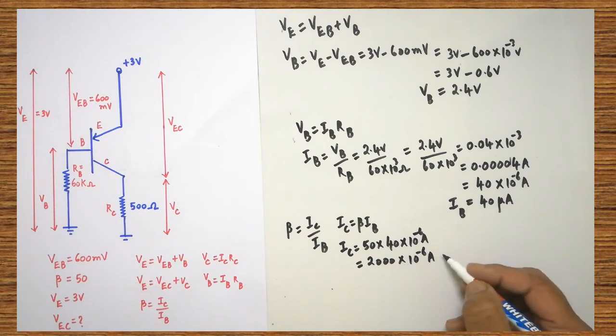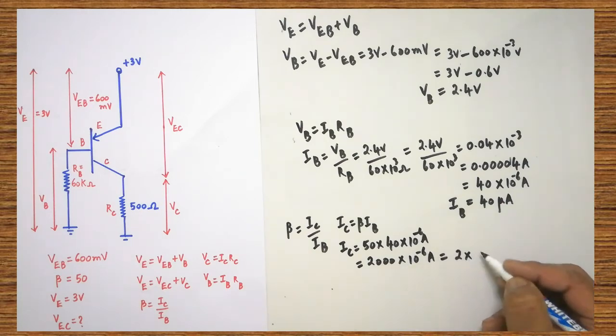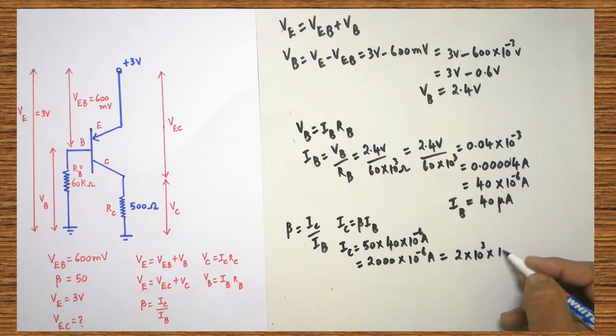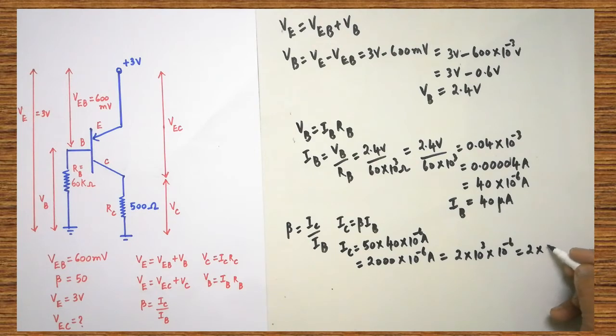So this could be written as 2 into 10 to the power of 3 into 10 to the power of minus 6, which is equal to 2 into 10 to the power of minus 3 ampere. This one could be written as 2 milliampere.